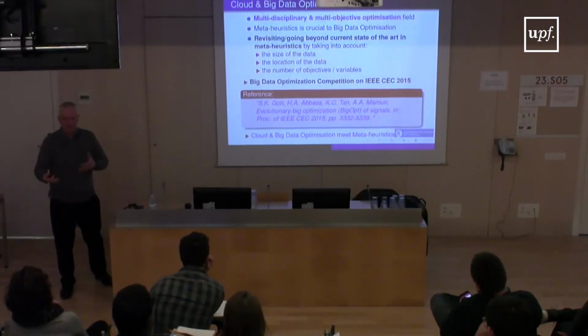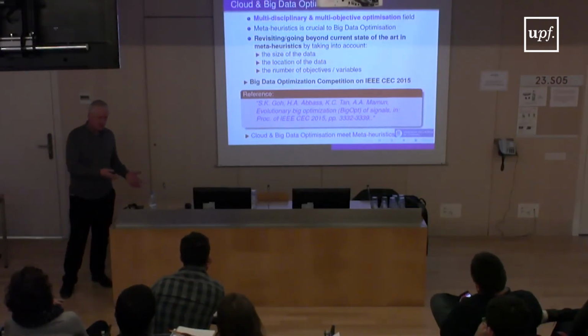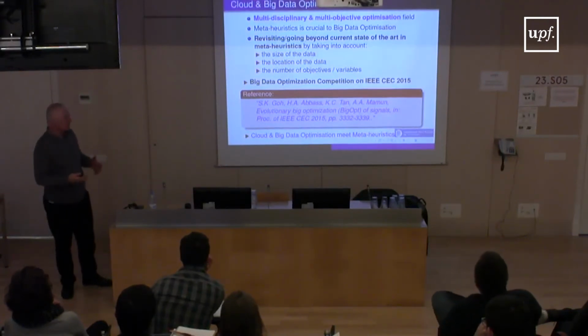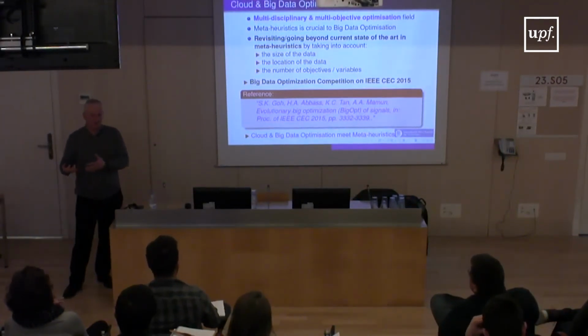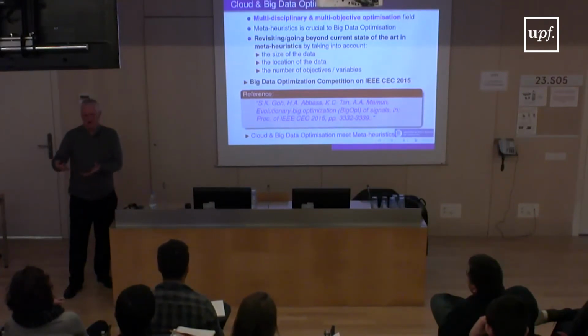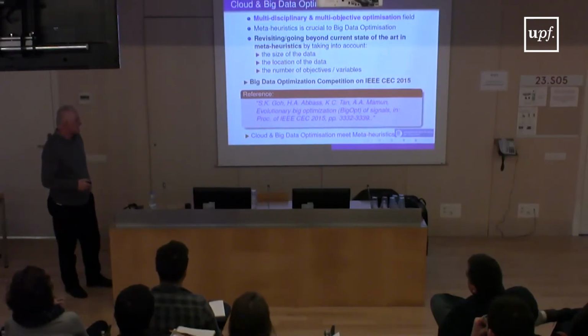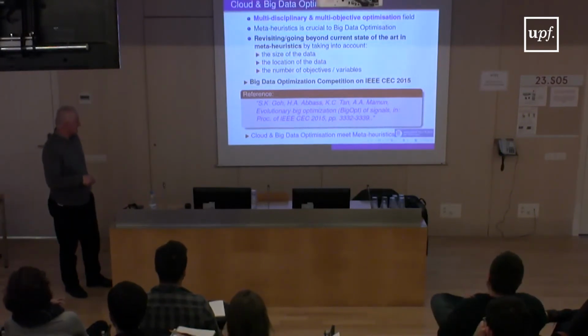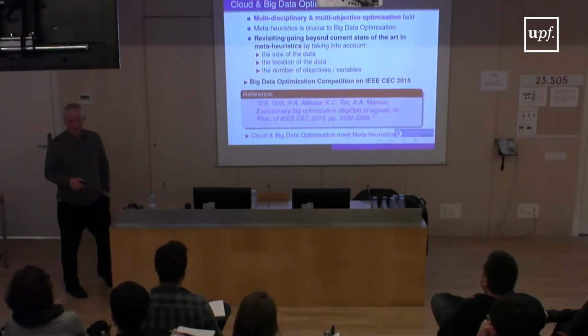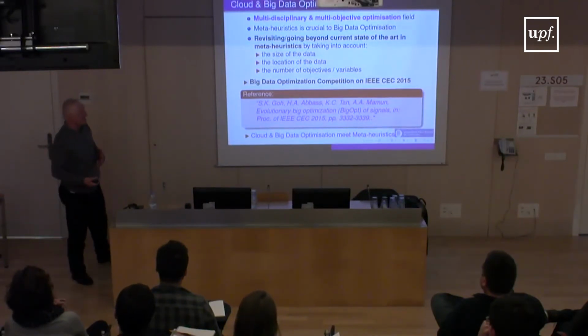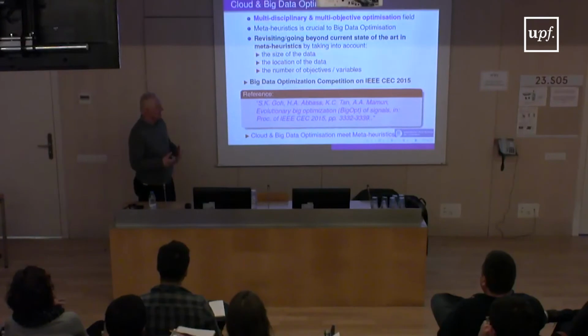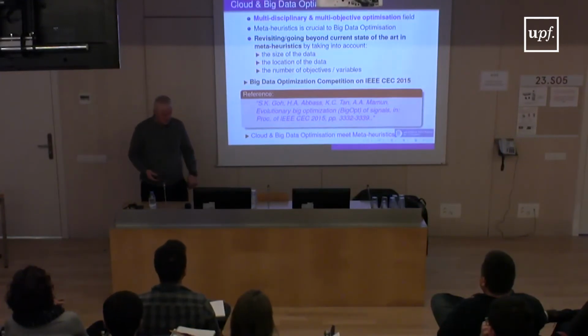Most of the community using meta-heuristics for distributed computing are moving to it, because even those who used to work on optimization in logistics or other fields, because of this mixing with big data, all things are getting mixed together. So in some sense we could say that yes, cloud and big data optimization are meeting meta-heuristics. Meta-heuristics are one of the key techniques to improve system performance in cloud computing from different perspectives of the cloud users.